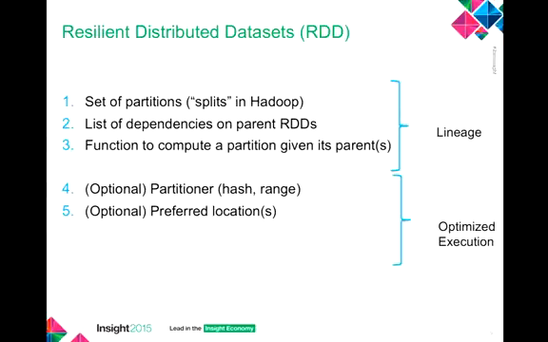And thirdly, once you know who your parent is, you have to know how you can compute yourself from the parent. Okay? So if by chance I lose myself, but I have my parent, I can tell my parent, hey, can you give me your data again? I want to compute myself. And this is where the resiliency comes from, right?